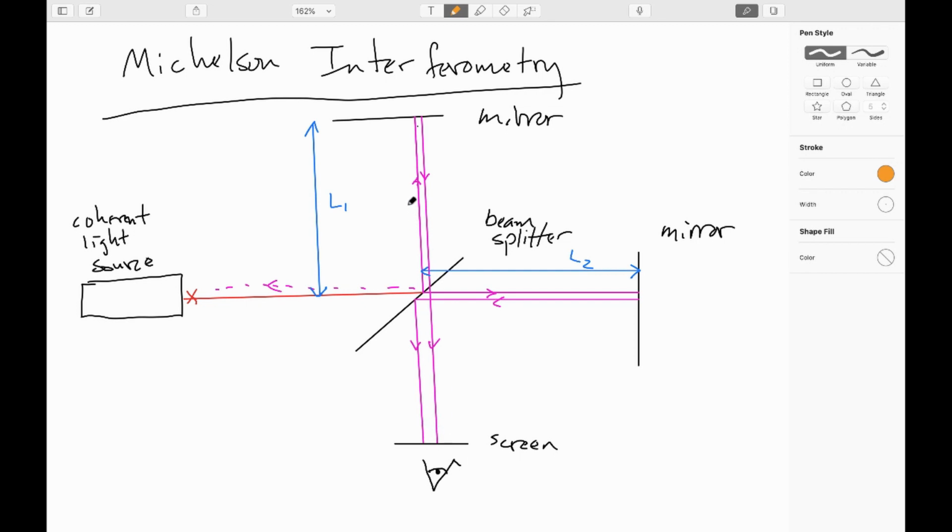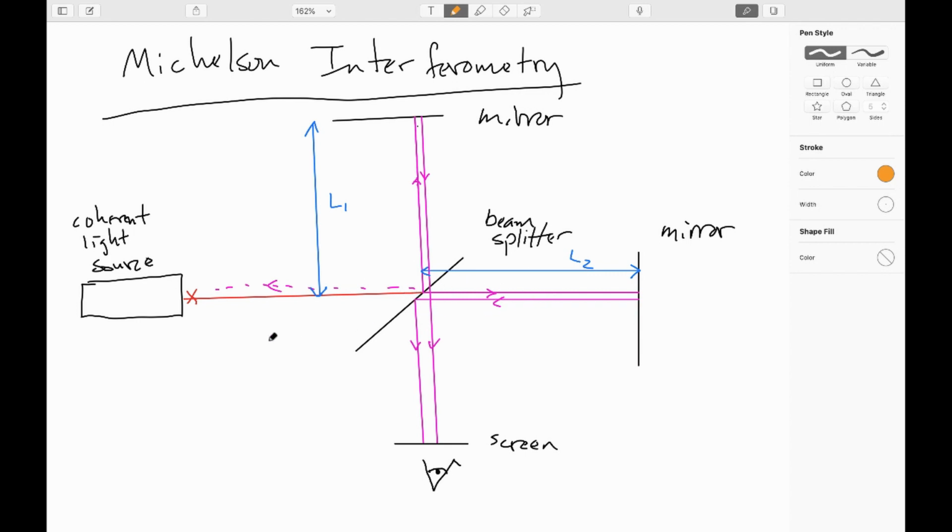These two different bits of light that got split off by the beam splitter, when they combine at the screen, will interfere. And what's going to determine whether this interference is constructive or destructive at the center of the interference pattern is the difference in the round trip distance that each bit of light makes.